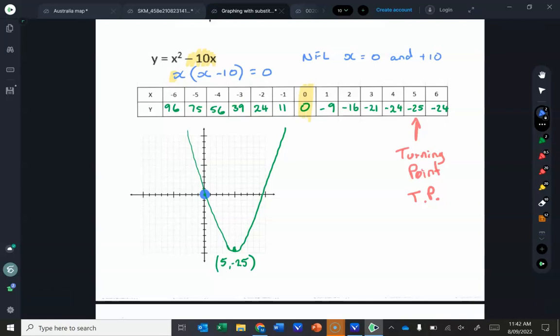So that means that it's going to pass back up here, and then all we have to do is find the turning point, which I haven't taught you yet, and I won't do now, but we can easily solve this one. If we had those 3 points, we just dot to dot them, and our curve is drawn.